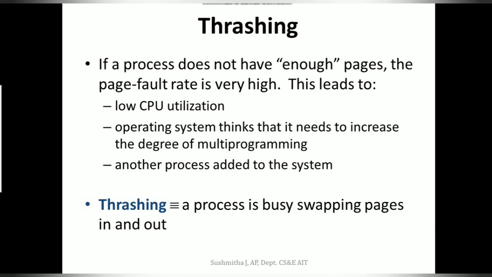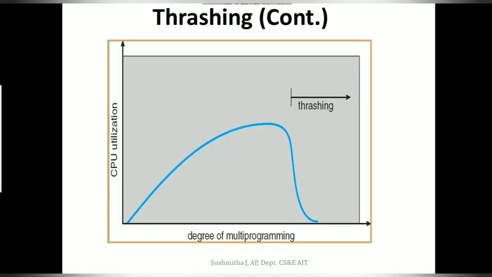So what could be the causes here? One of the major causes is increasing the degree of multi-programming. Now we can see the graph here. At a particular point, you can see a drastic drop. Why is this drastic drop happening?